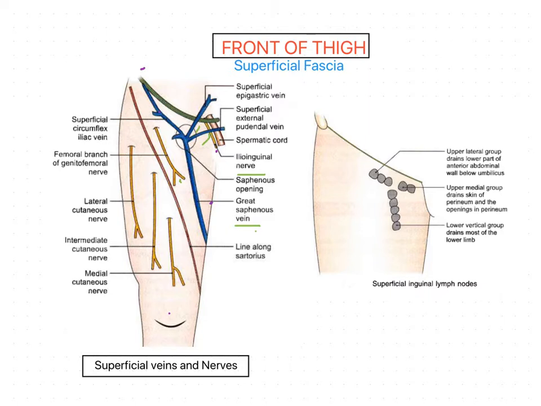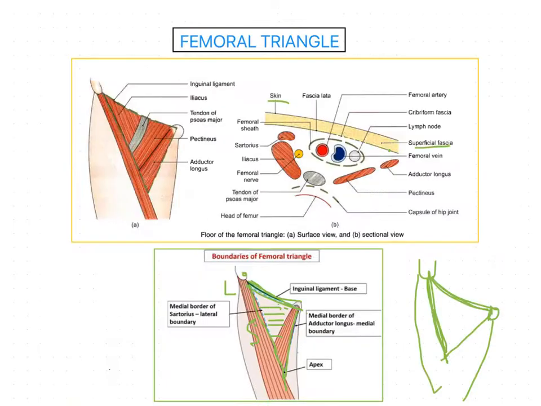If you see the deep fascia which is related, what is this opening called? The saphenous opening along with the cribriform fascia. So these are the structures related to the roof of the femoral triangle.